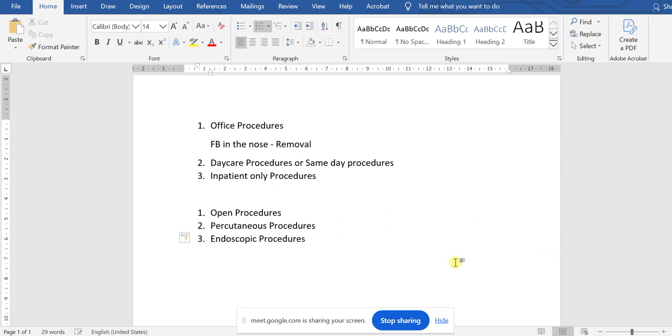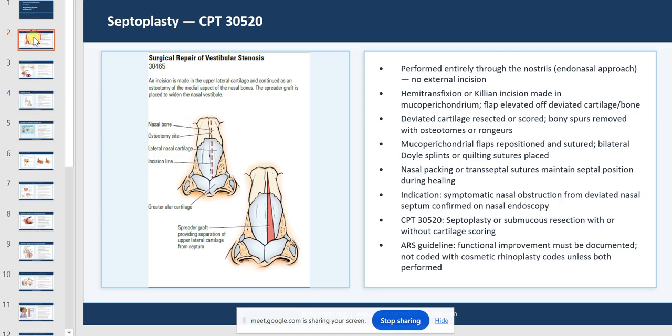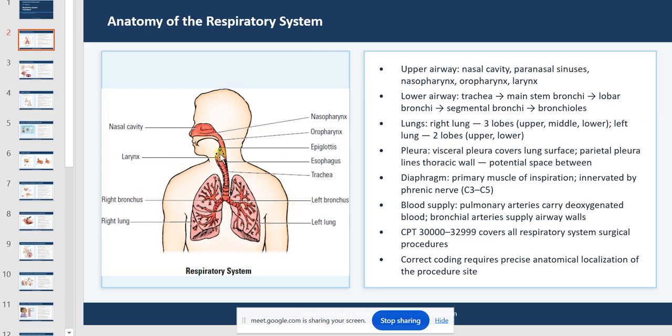Within the nose, within the upper respiratory tract. Usually we divide procedures into procedures on the upper respiratory tract as well as lower respiratory tract. Upper respiratory tract includes nose, pharynx, and larynx. Procedures on these three organs are done by ENT specialists, ear, nose, throat, right?